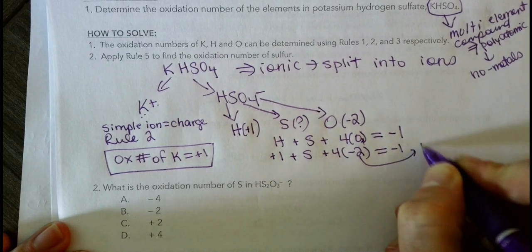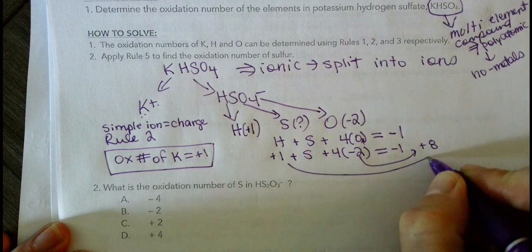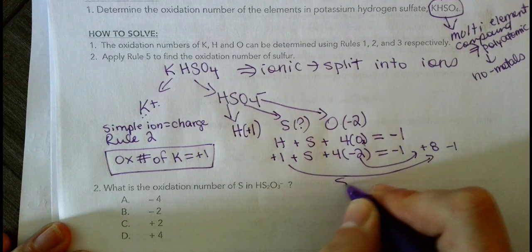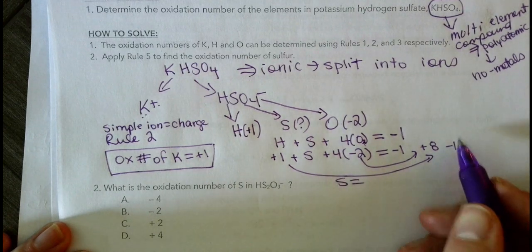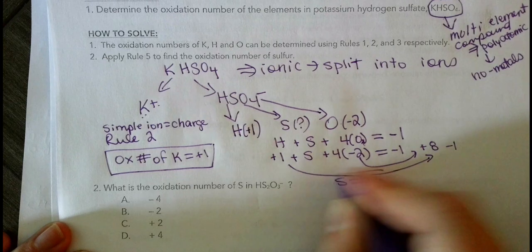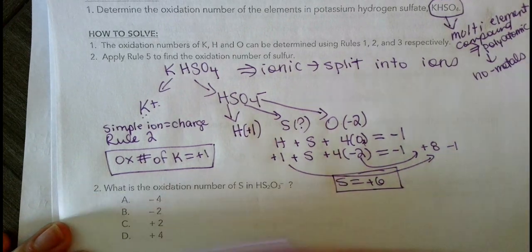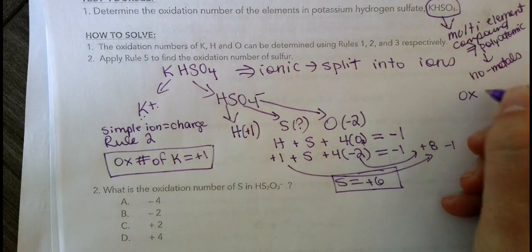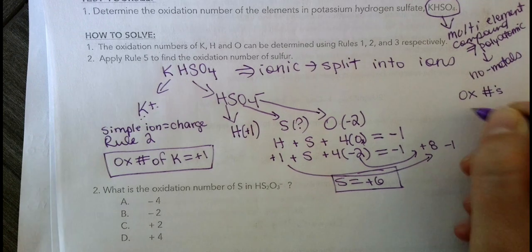You bring that guy over, it's +8. You bring this guy over, it's -1. So sulfur here, friends, is a +6. So if you want to be really kind to Miss Kavanagh and rewrite your things, you can say oxidation numbers right here.